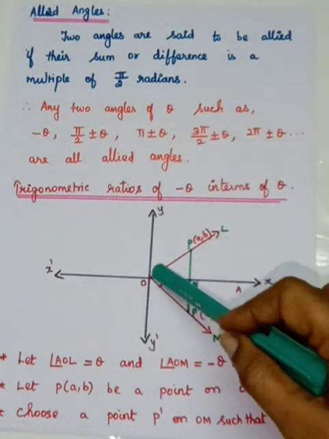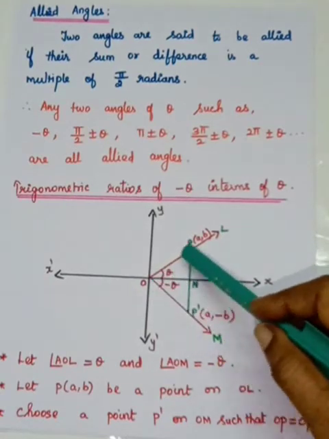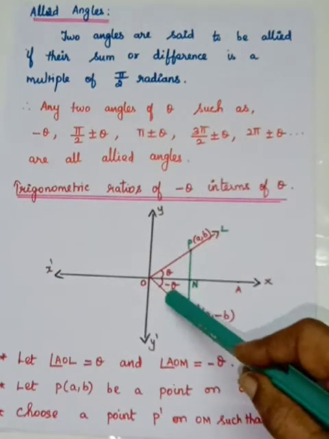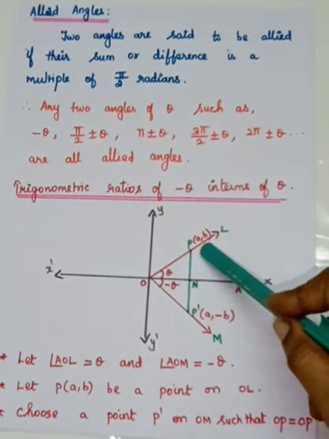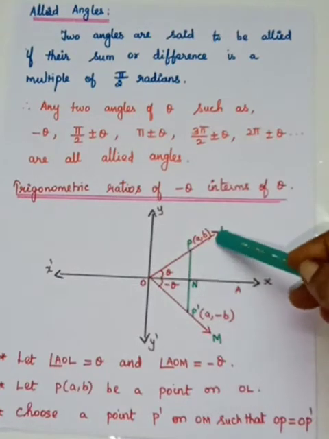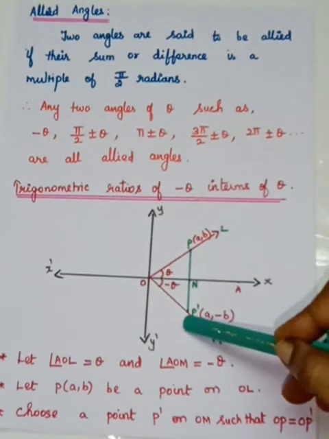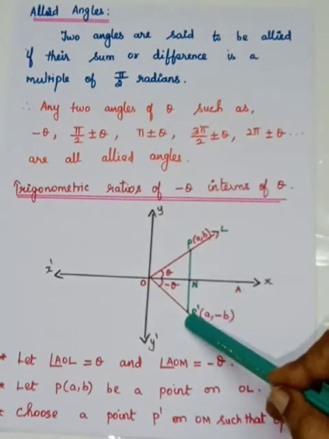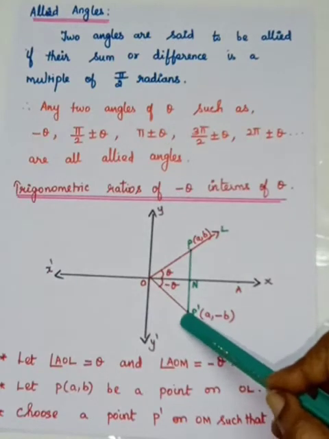This is anti-clockwise, this is clockwise. So AOL is theta, then AOM is minus theta. I take a point P of A comma B on OL. Choose a point P dash on OM in such a way that OP is equal to OP dash.